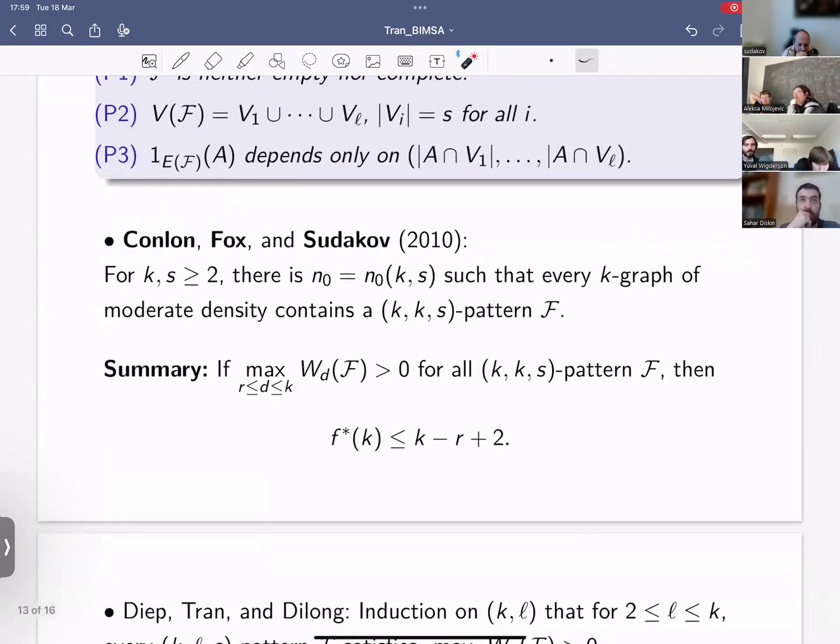So in summary, if we can prove that the maximum is strictly greater than 0 for all unavoidable patterns F, then this automatically translates to an upper bound on F star.